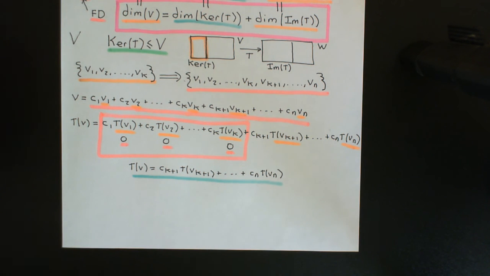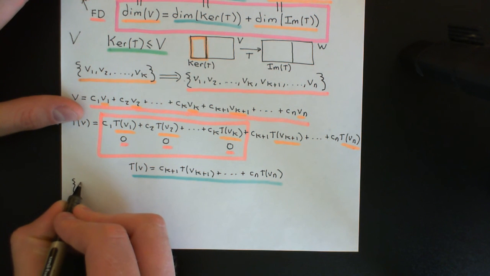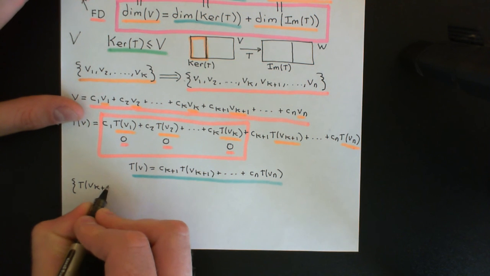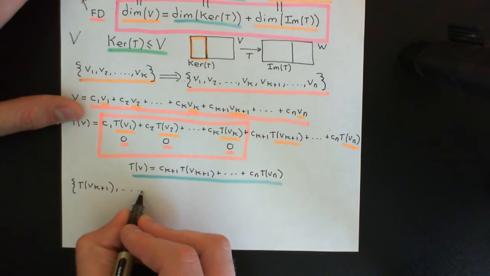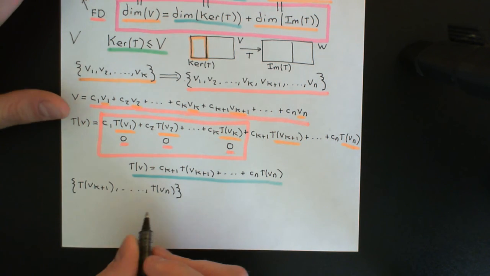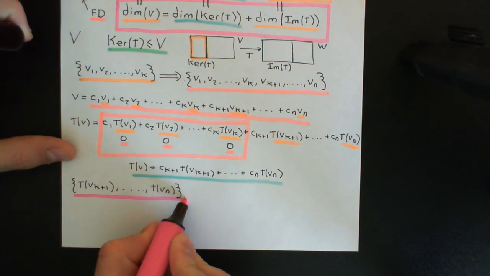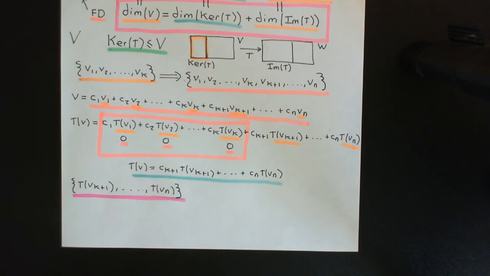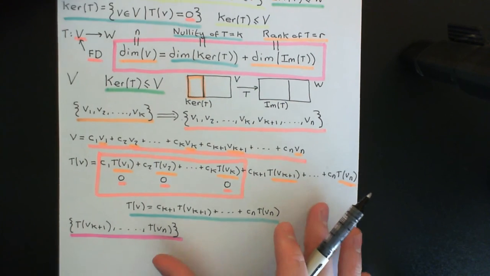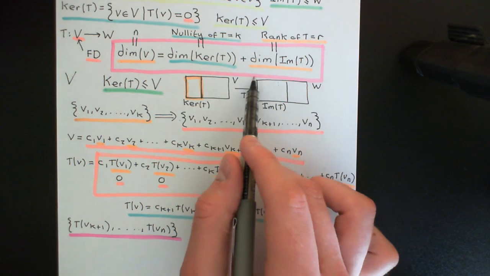Okay, and we'll prove this in the next video. What I want to try and prove next is that if we put into a set these vectors T(v_{k+1}), and then we'll have T(v_{k+2}), all the way up to T(v_n), i.e. where all of the basis vectors that are outside of the kernel of T are sent to, I claim that this is going to be a basis of my codomain vector space, capital W. Okay, and I claim that if I can show that this is a basis of my codomain vector space, or rather, wait a second, sorry, not a basis for the codomain vector space, a basis for the image of the linear transformation, because it's not necessary that we're being mapped onto the entire codomain vector space.